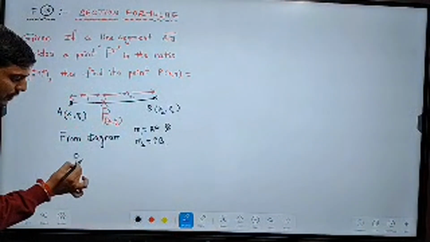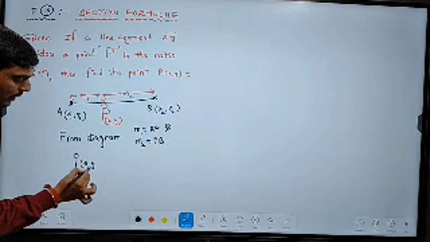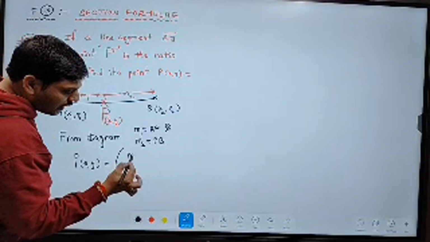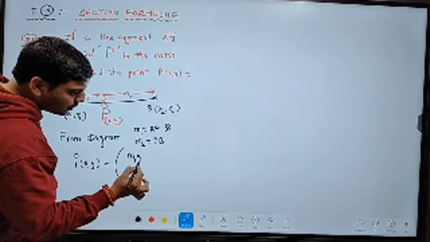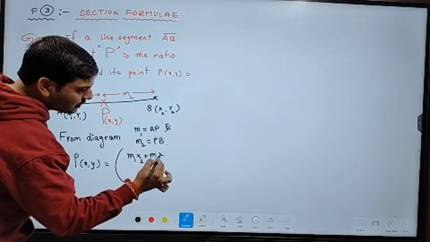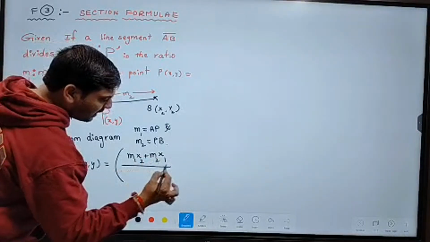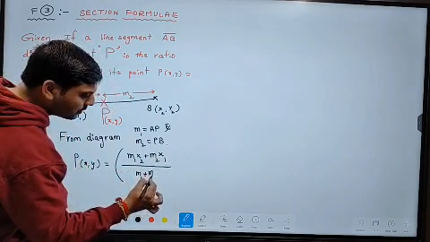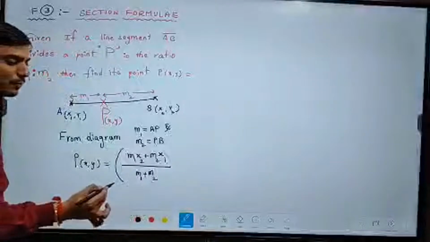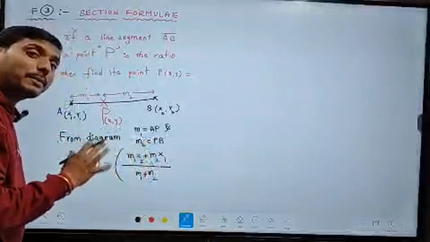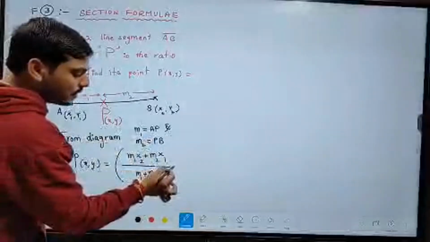Here P(x, y) is equal to the formula: (m1 x2 plus m2 x1) divided by the sum of the ratio terms, m1 plus m2. This is the x coordinate, the x value of the point P. It's clear.